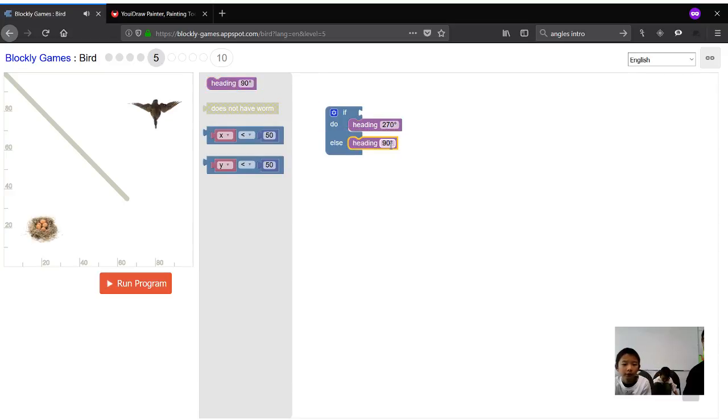Yeah. And then the second is 180. Good. Now what should we test to decide which direction, when to switch? When it's touching 80. When what is 80?